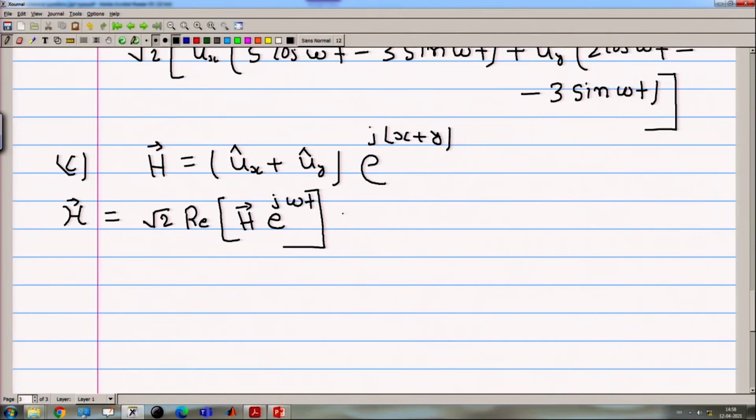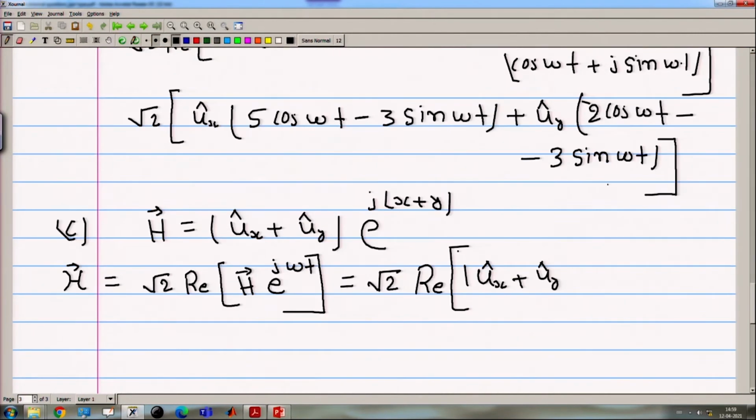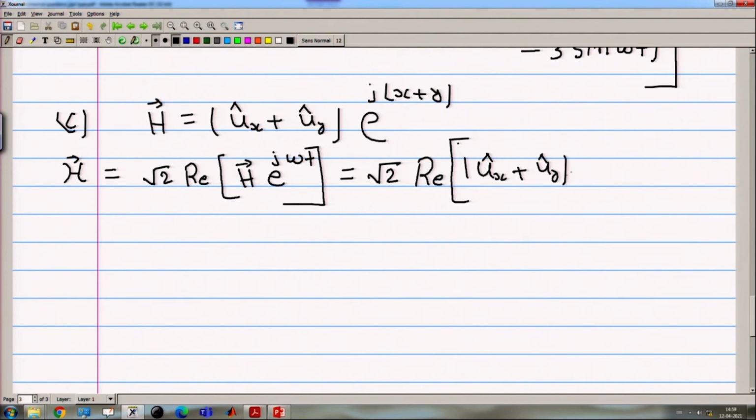We can substitute the value of H, root 2 real part of (ux plus uy) e to the power j(x plus y) into e to the power j omega t.